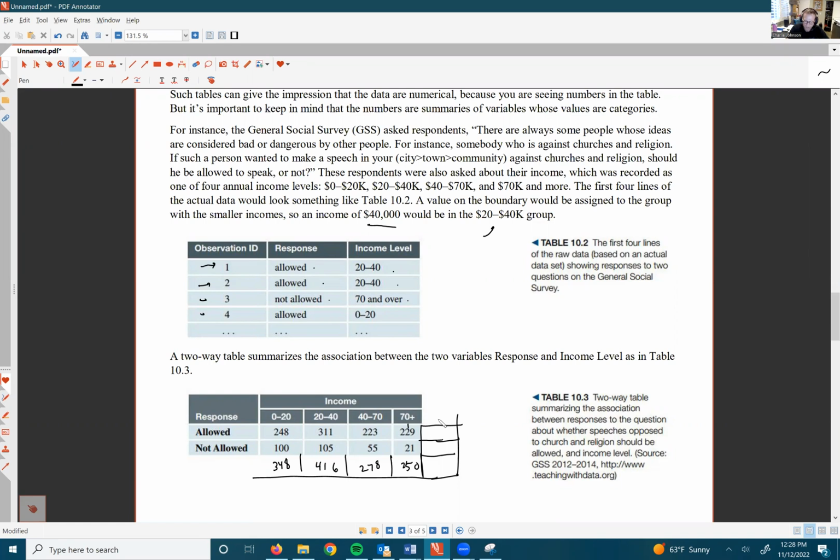That was 250. The total number allowed to speak is 1,011. And the total number not allowed is 281. You add the total 1,011 to 281, and you get 1,292. And you add the 348 to 416 to 278 to 250 and get 1,292. Because we're going to need the total of all of these. These are called your contingency rows and columns.